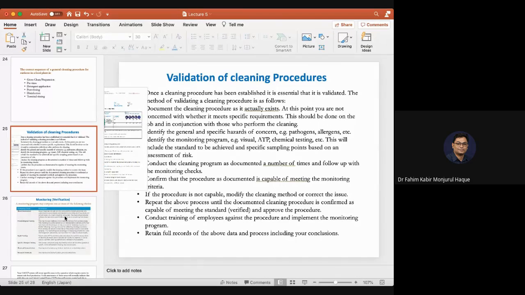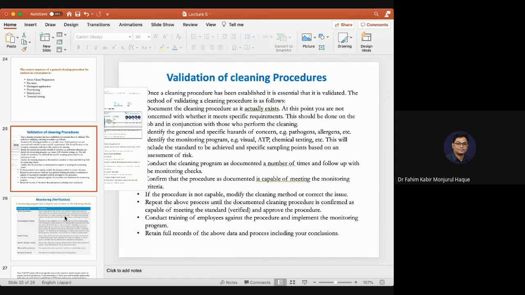Validation means to validate the procedure that we use. Say for example, you are using a cleaning procedure. Validation means that the procedure has to be proved. So for example, you have detergent A, and your procedure says that if we use detergent A, it causes a 90% reduction of bacteria. The detergent and the procedure are claiming this.